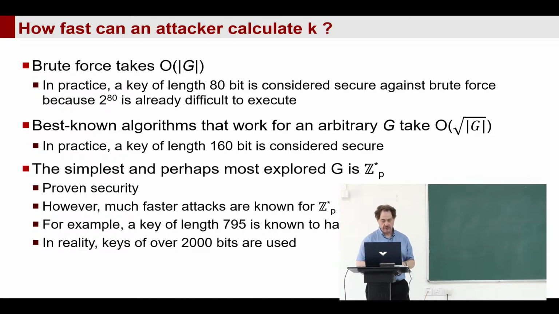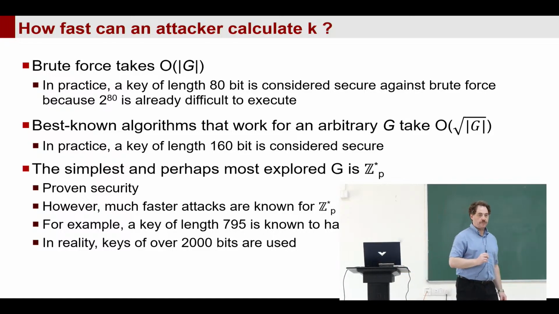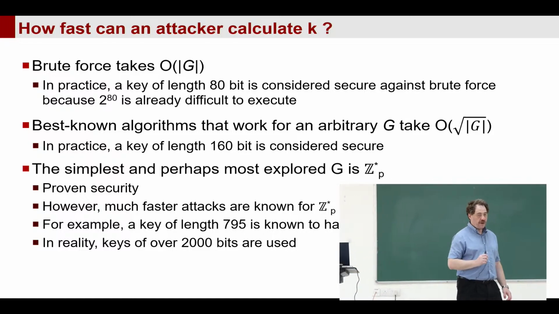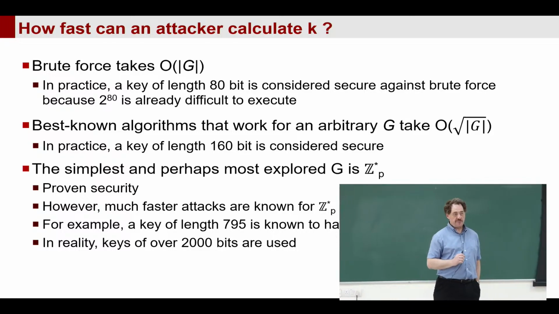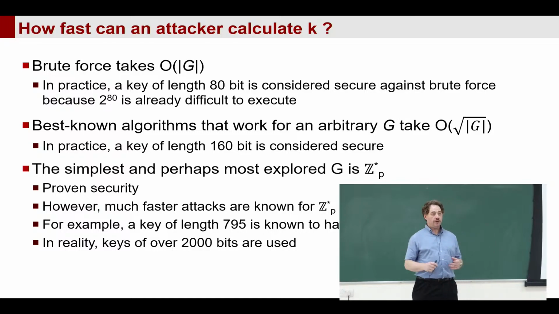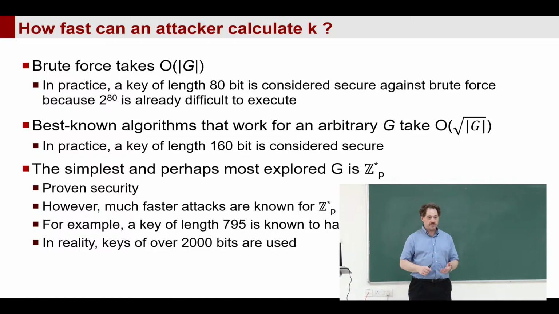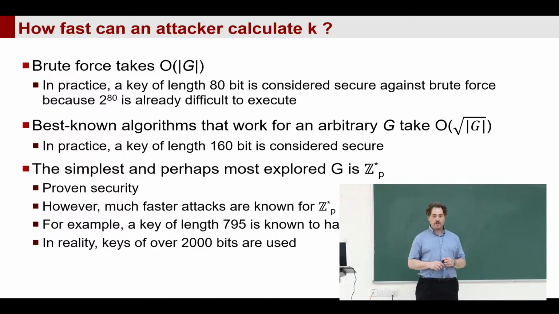In reality, systems using this kind of group would be using keys of over 2,000 bits. And 2,000 bits is quite a lot. Maybe not a lot to send over the network, but we need to generate keys, we need to apply keys for the signatures, and the longer the keys, the more time that takes.